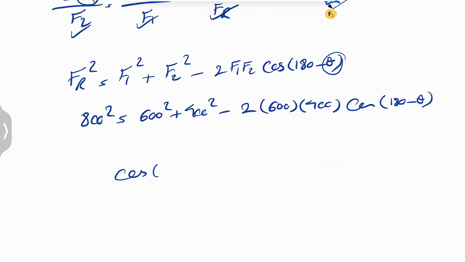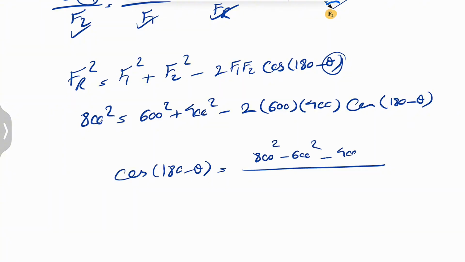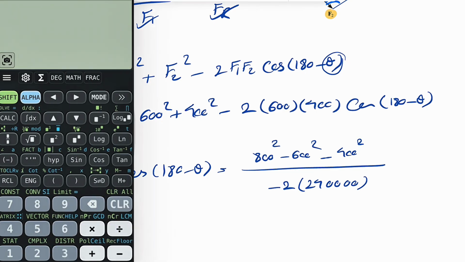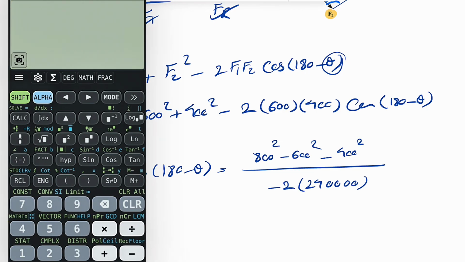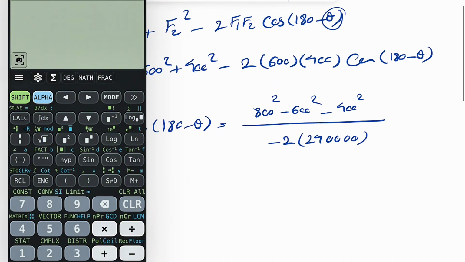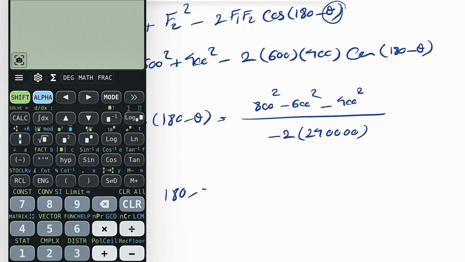So we can find cosine of 180 minus theta, which would be basically 800 squared minus 600 squared minus 400 squared over negative 2 times 240,000. And let's just calculate this. What we are looking for at the end, 180 minus theta, would be the cosine inverse of that value.